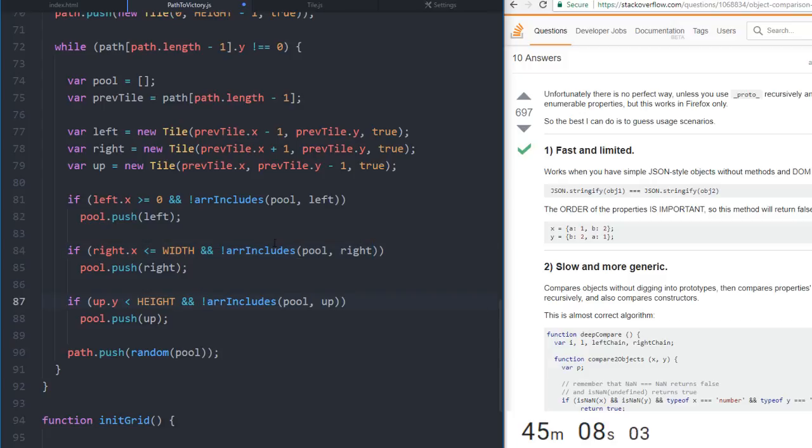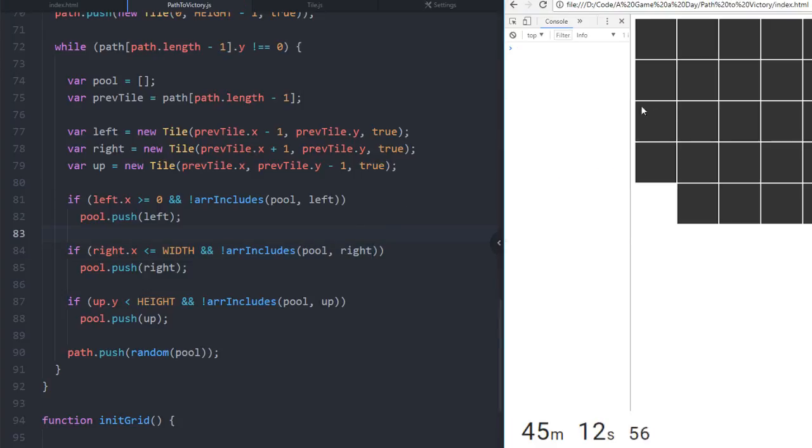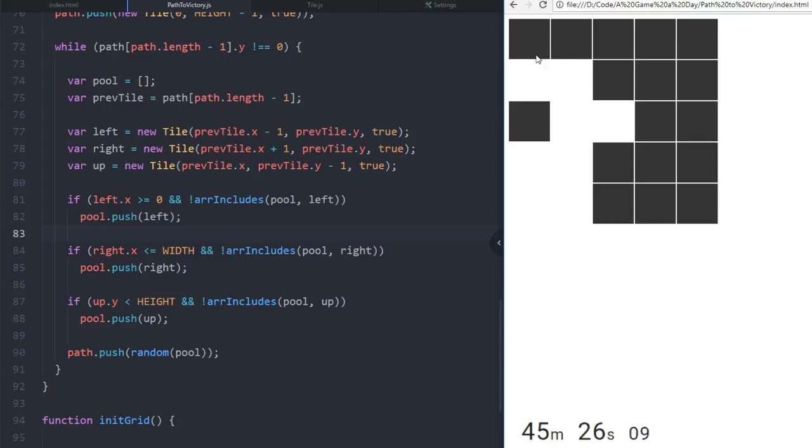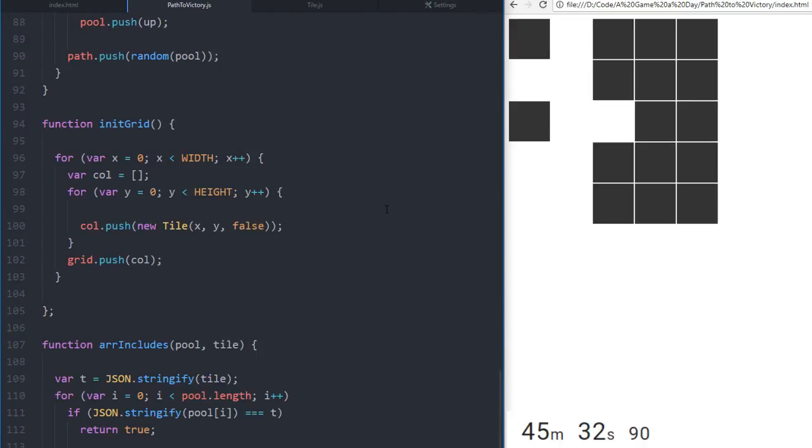I don't know if I always have it as left. I can't remember. Oh gosh. Oh yeah, we have the same error, it's going back. Pool cannot include such a thing. If it does, if it doesn't, then we're good.